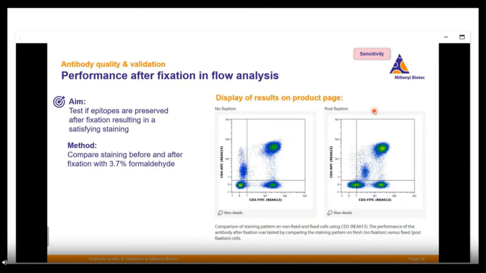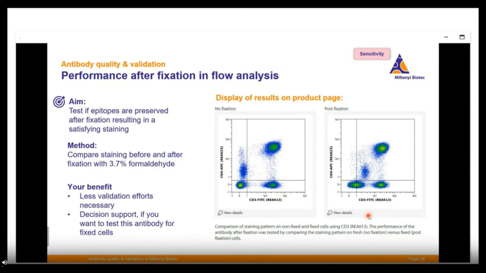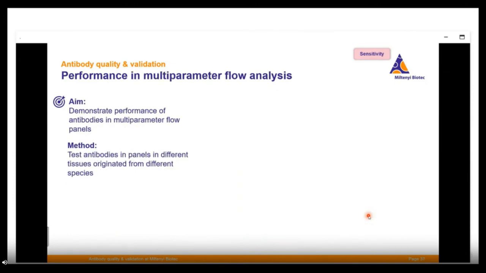In a typical case, when we have the data available, you can easily find it on the product page, and you can see the performance of this particular clone here, CD3 REA613, before and after fixation of cells. And this again offers you less validation effort, as well as supports you with the decision whether this is the right antibody for you to test or not.